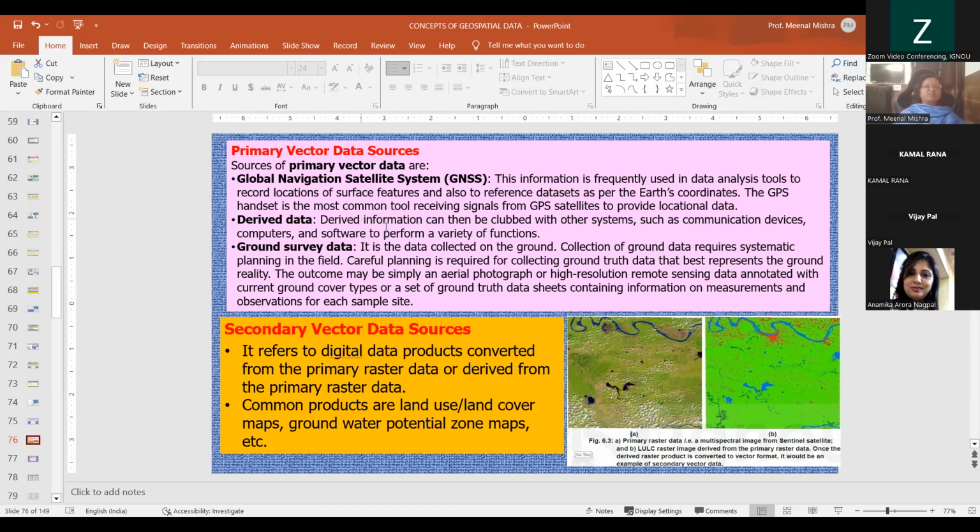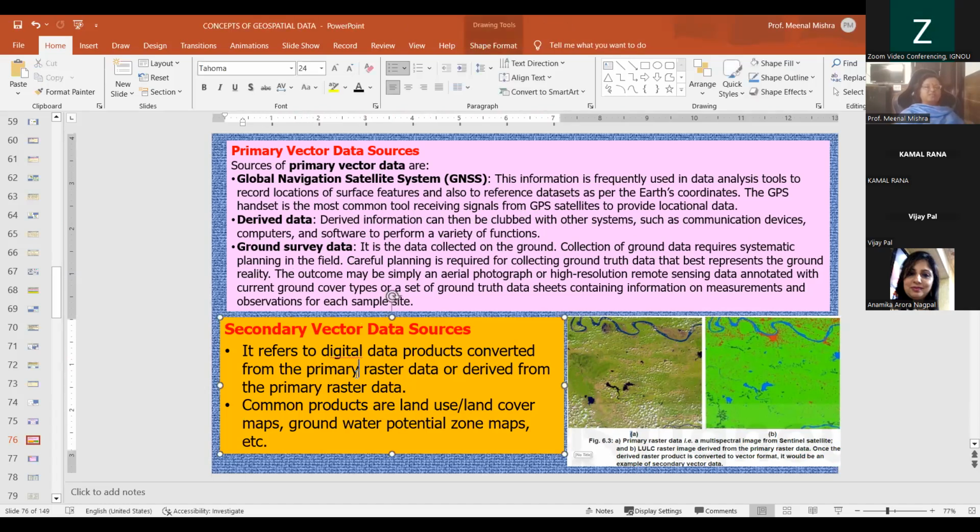Then derived information can be clubbed with other systems and communication devices. And ground surface data is data collected from the ground, or ground truthing. Secondary data refers to digital data products converted from primary raster data. When primary raster data is converted to vector data, it becomes secondary vector data.